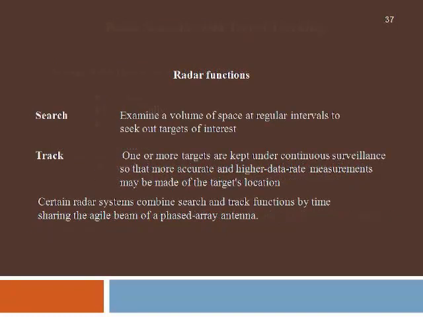The radar functions can be classified into two varieties. One is search, wherein a volume of space is examined at regular intervals to seek out targets of interest. Whereas in tracking, one or more targets are already identified.